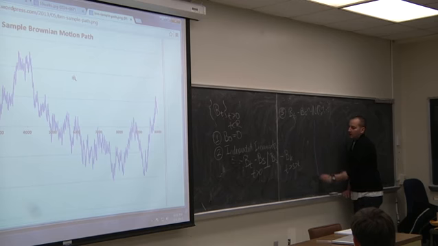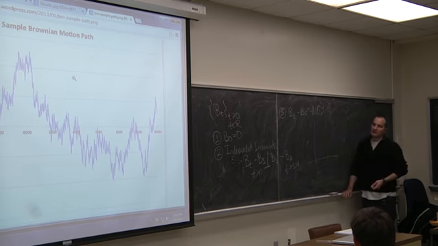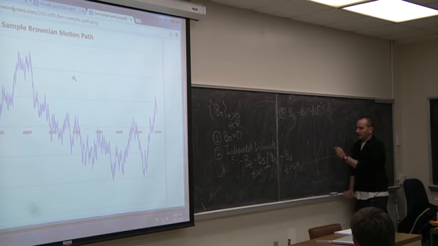Actually, one way to prove the existence of such an object is to think of a simple random walk, a balanced one as we presented today, and think of dividing this grid here and making the time steps smaller and smaller, while at the same time making the jump smaller and smaller.